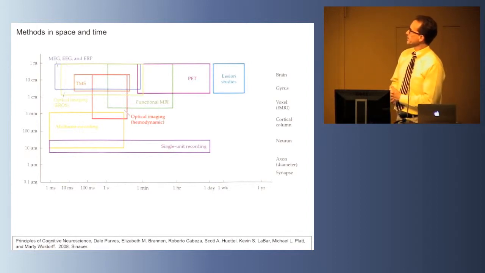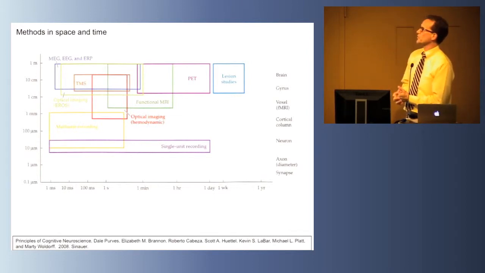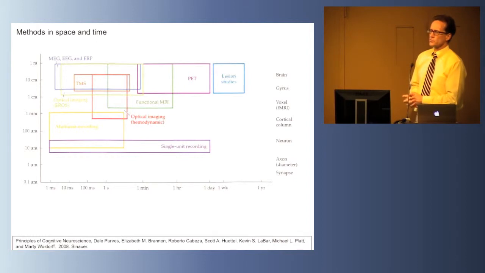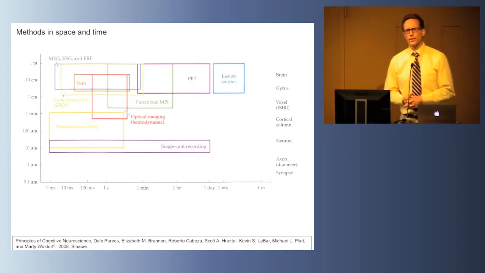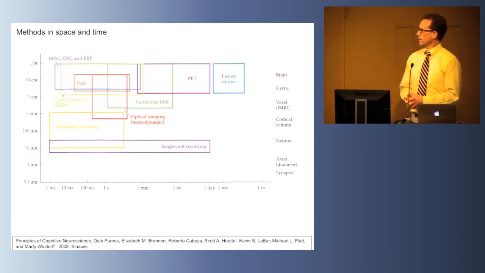Now, embedded in the MEG is a technique called optical imaging, or EROS, event-related optical signal. And so this is a method closely related to fMRI, but it can operate somewhat faster, but it's at that larger spatial scale.